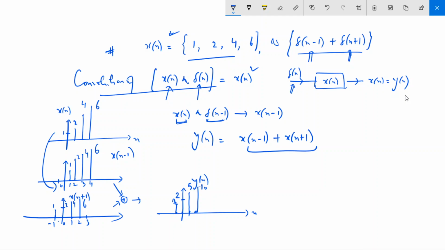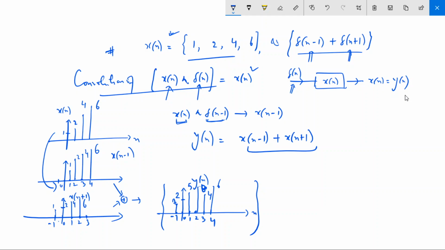Okay, so it is 1 at -1, at 0 it is 2, it is 0, so 2 plus 0 0, then at 1 4 plus 1 5, then at 2 it is 6 plus 2 it is 8, sorry, at 2 it is 8, at 3 this is -1 now, 0 1 2 3, so at 3 it is 0, and at 3 it is 4, so it will become 4 at 3, and at 4 it is 6. This will be my output signal.